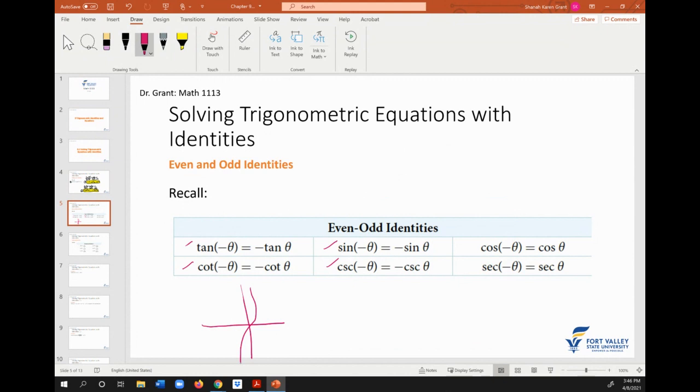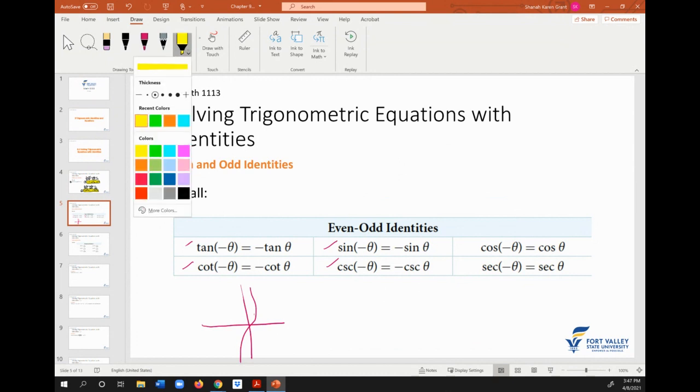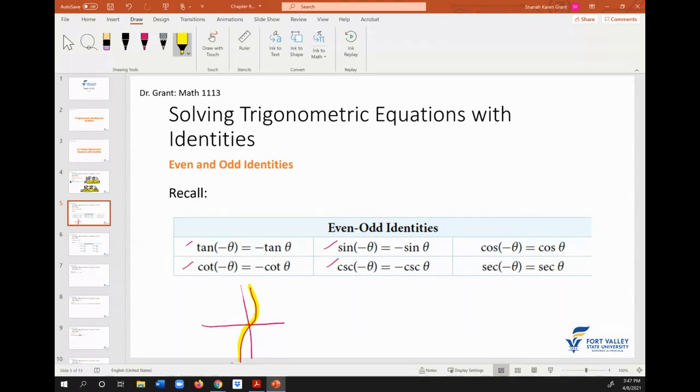So basically, it's going to be a reflection about the origin. So if I take tan of negative theta, it's going to give me negative tan of theta, and so on and so forth as it relates to each of our odd identities.